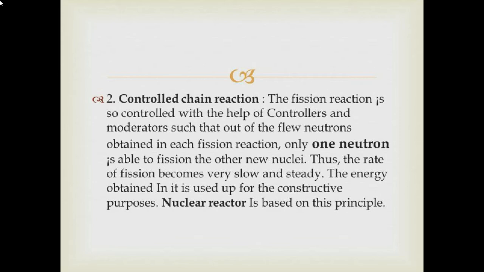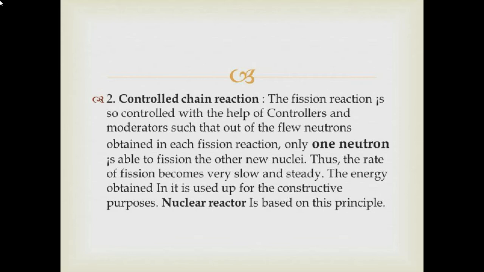As we saw, a slow neutron is bombarded on uranium-235. It gives out barium and krypton as the product nuclei, bigger nuclei of nearly similar size, with the liberation of three more neutrons.